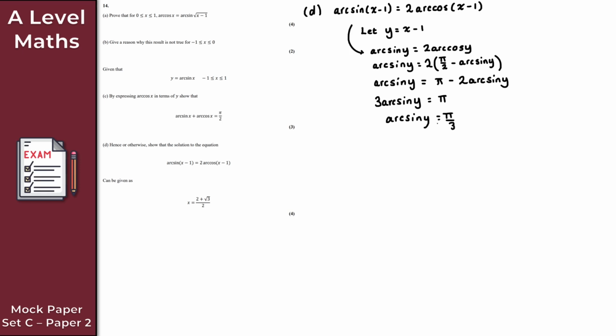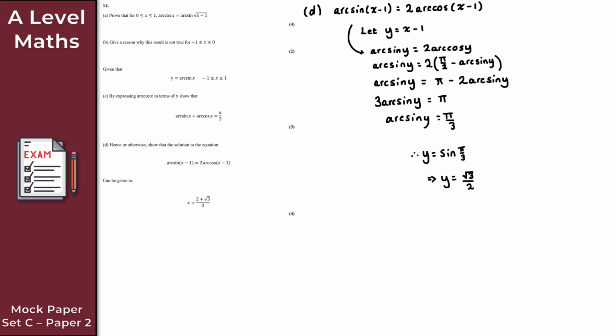Now, I just want y, so I'm going to take sine of both sides, because we've got arc sine y on the left-hand side. In that case, y is equal to sine of pi over 3. And sine of pi over 3, in exact form, I obtain that y is equal to root 3 over 2.